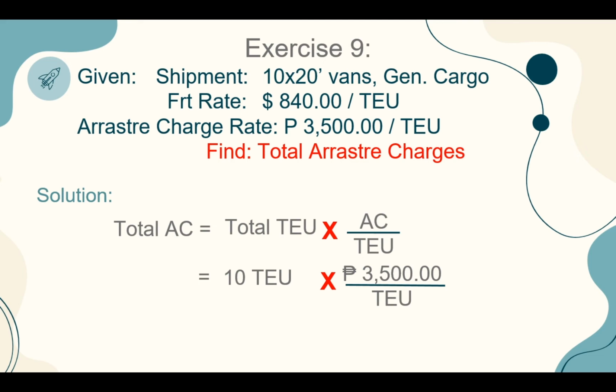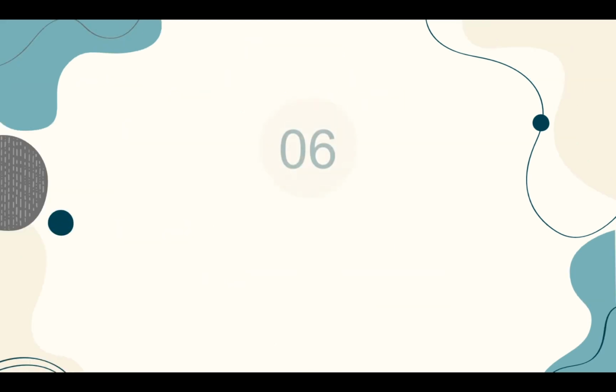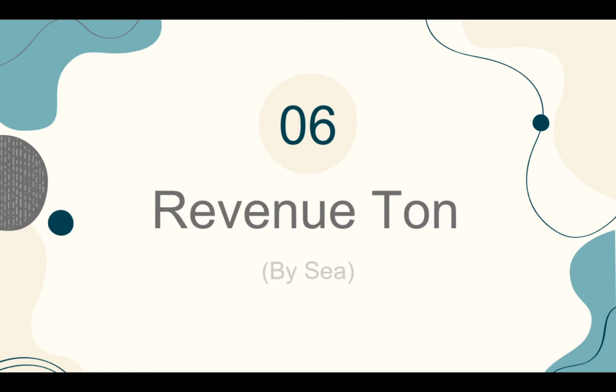So, meron tayong 10 TEU. And then, arrastre charge natin, which is 3,500 pesos per TEU. So, cancel out same units. And the answer for the total arrastre charges is 35,000 pesos. Alright? So, revenue ton by C.